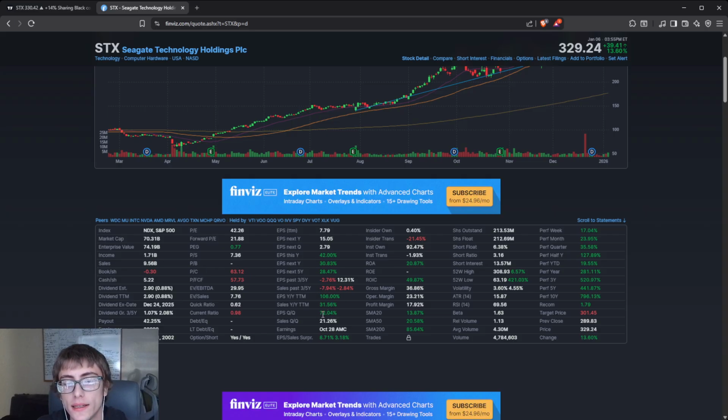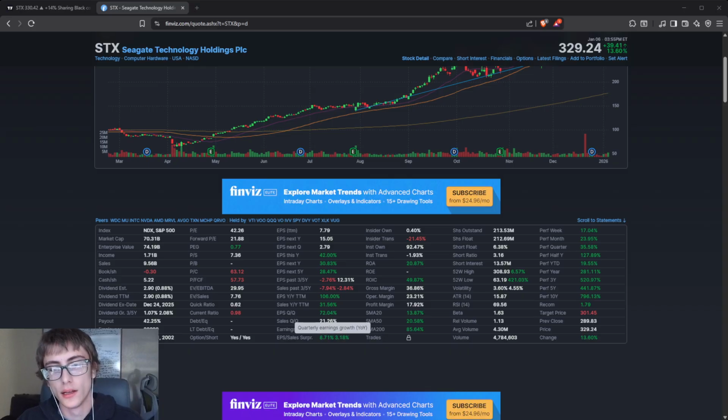But really, what is important about the fundamentals? The first thing you want to look for in fundamentals is the earnings per share growth quarter over quarter and the sales growth quarter over quarter, which you can see down here. Generally, a simple rule is you're going to prefer above 20% on both. If a company has triple digit earnings per share growth or sales growth, that is explosive and very rare, right?